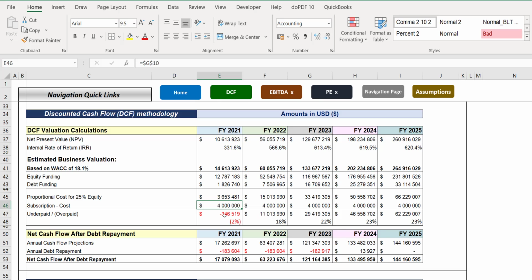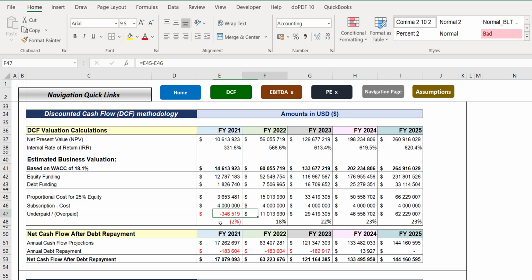So it indicates whether you've overpaid or underpaid. A negative value shown in red means that in that particular year, the potential investor is overpaying for his subscription into your business.